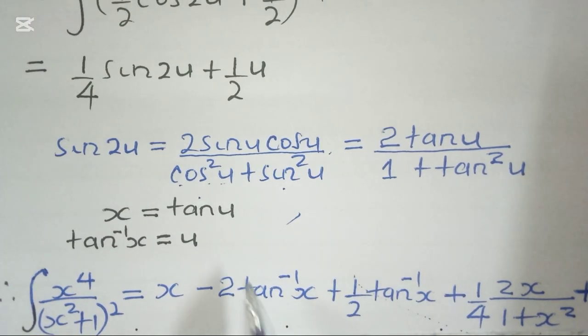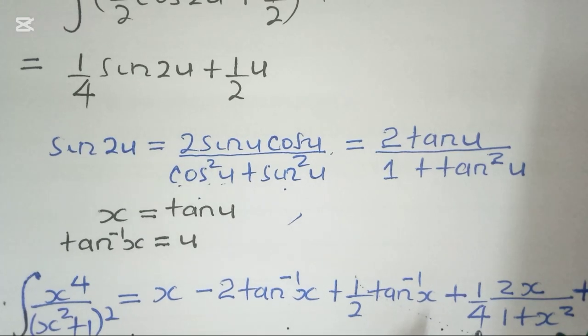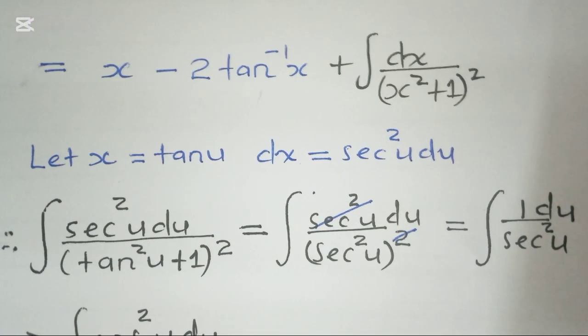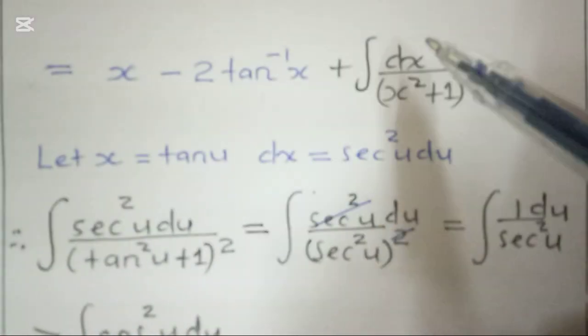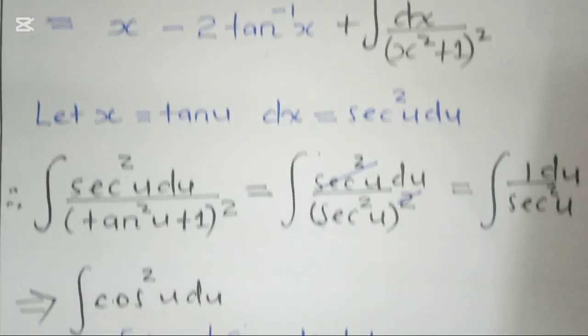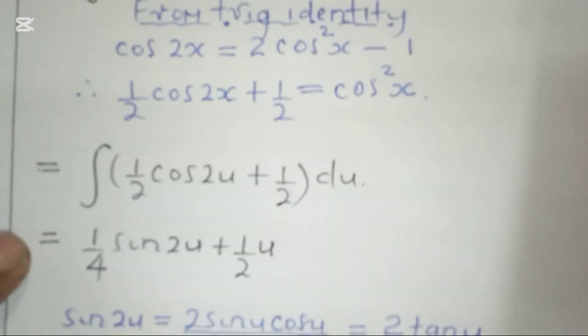Checking on our first solution, we had it here. We had that and we had that. So we are now dealing with this, and we have found the solution in terms of u, which is this.